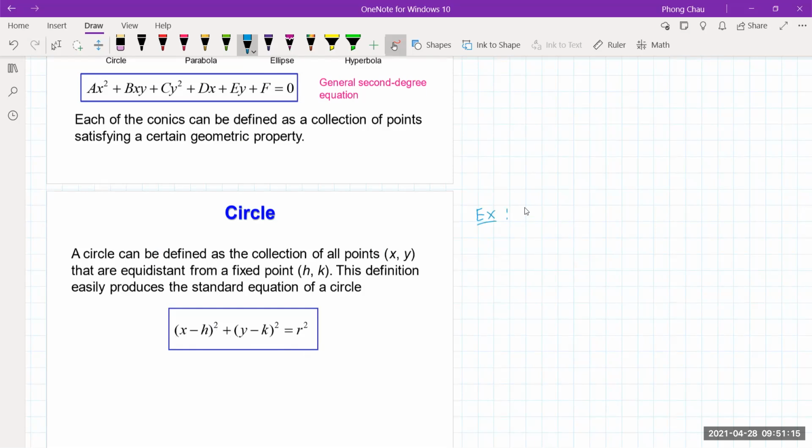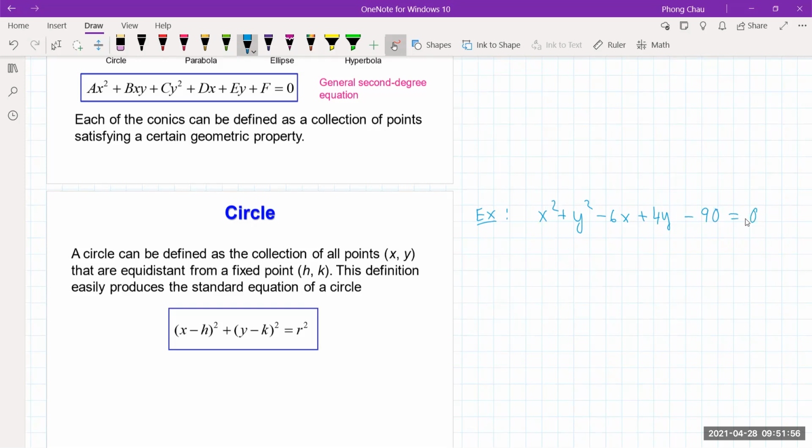If you have an equation that has something like x squared plus y squared minus 6x plus 4y minus 9 equals 0.